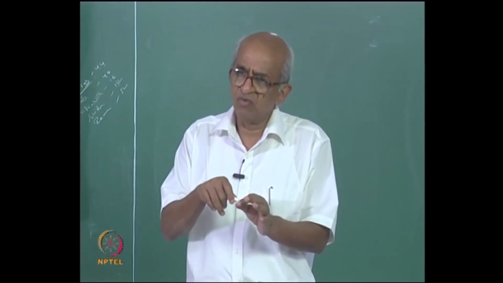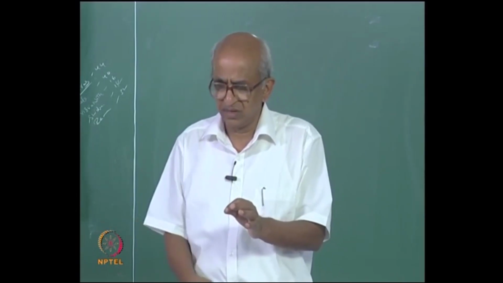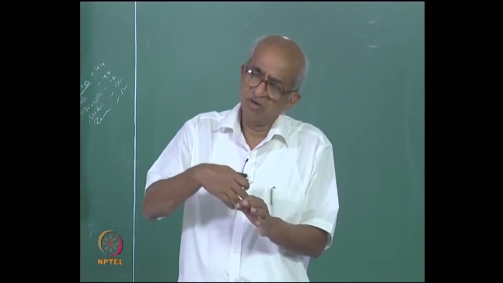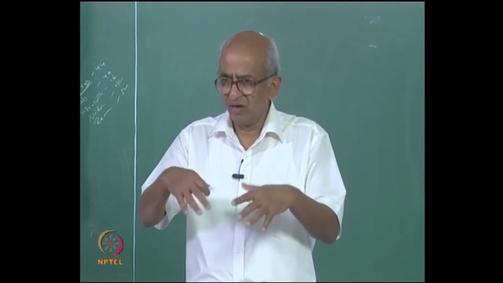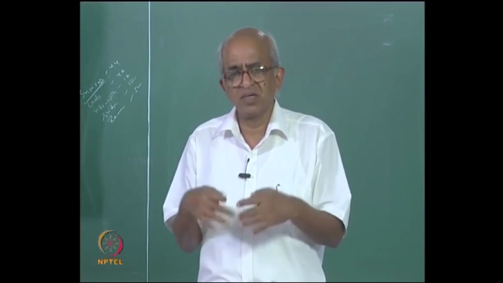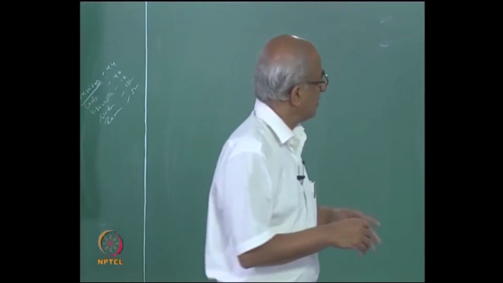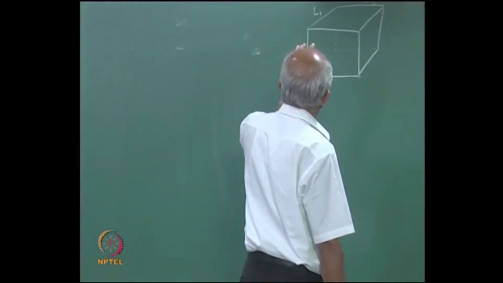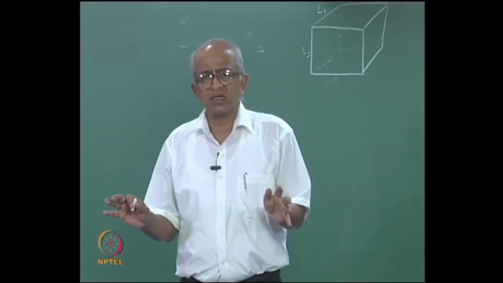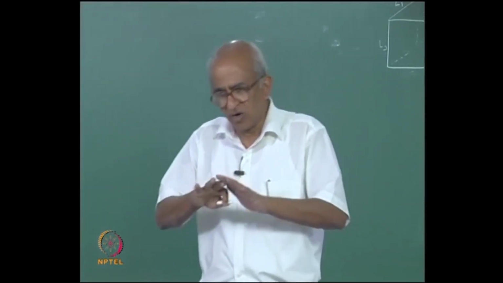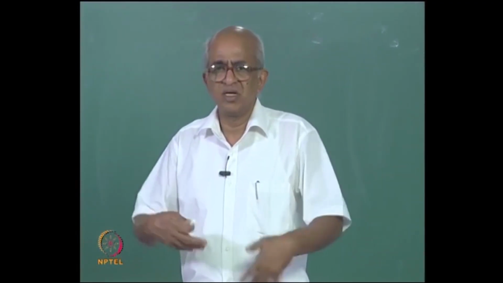If you think of one electron, that electron actually interacts with the other electrons, and it also interacts with the nuclei. So, the potential is actually quite complex, but we imagine that we are not worried about any of these things. We will just say that if the electron is within this rectangular box, its potential energy may be taken to be a constant everywhere, and that constant it is convenient to take to be equal to 0.